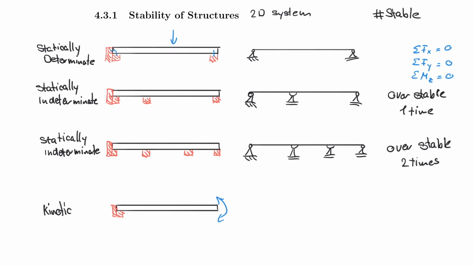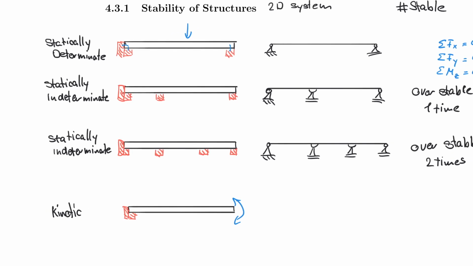An engineer would actually say, hey, this is statically indeterminate to the first degree or to the second degree. So the first system here is actually statically indeterminate to the first degree. And the second one then here would be to the second degree.